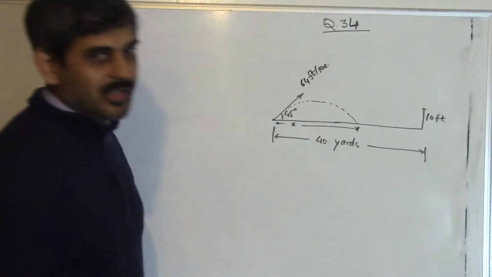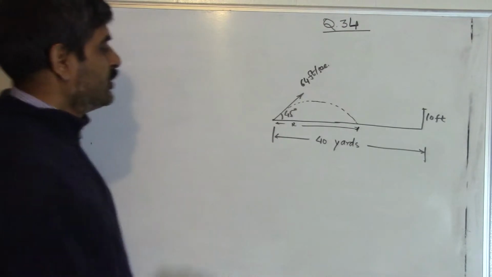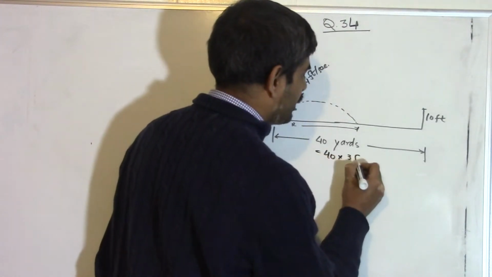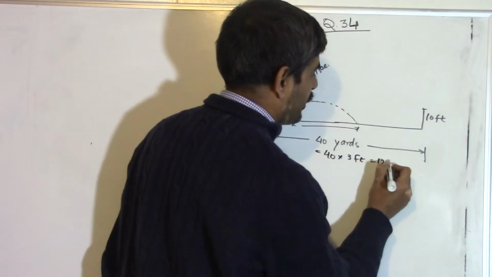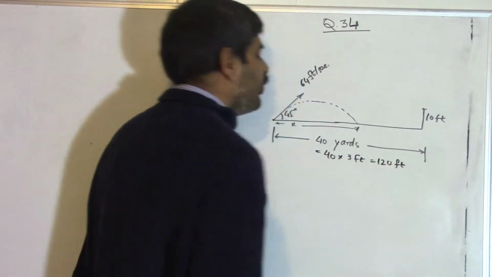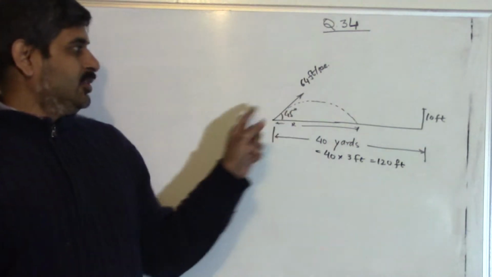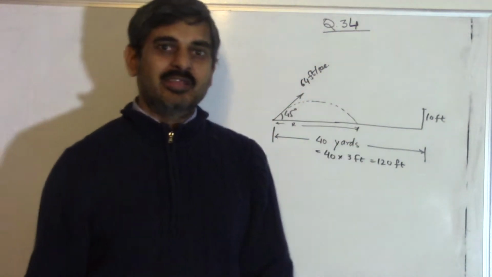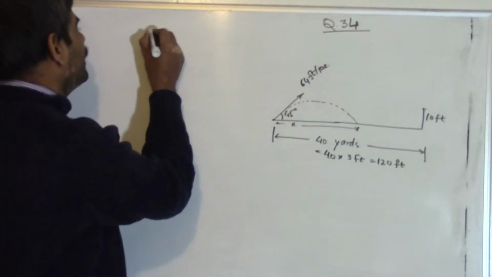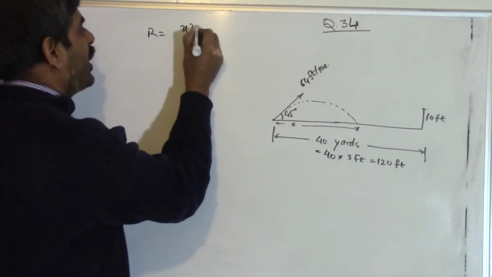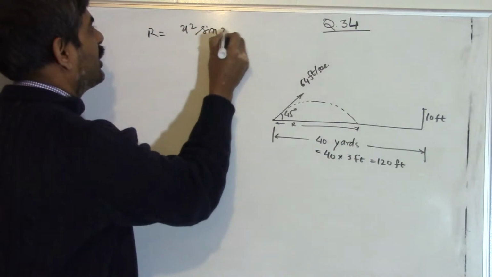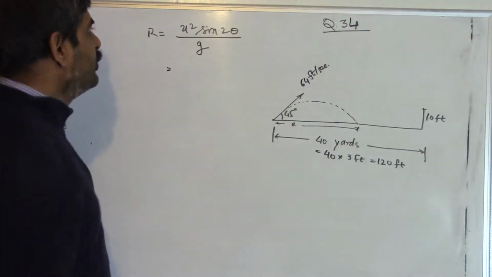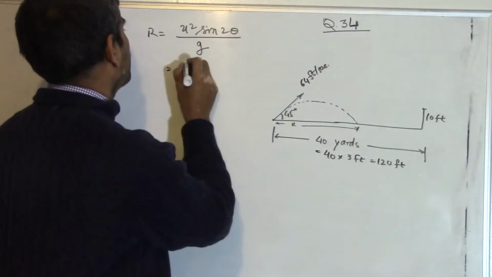Let us say this 40 yards is equal to 40 times 3 feet, since 1 yard is 3 feet, so this will be equal to 120 feet. If we calculate this range using this velocity and angle, we will find the range R. R is equal to u square sine 2 theta divided by g, and u square is 64 square.